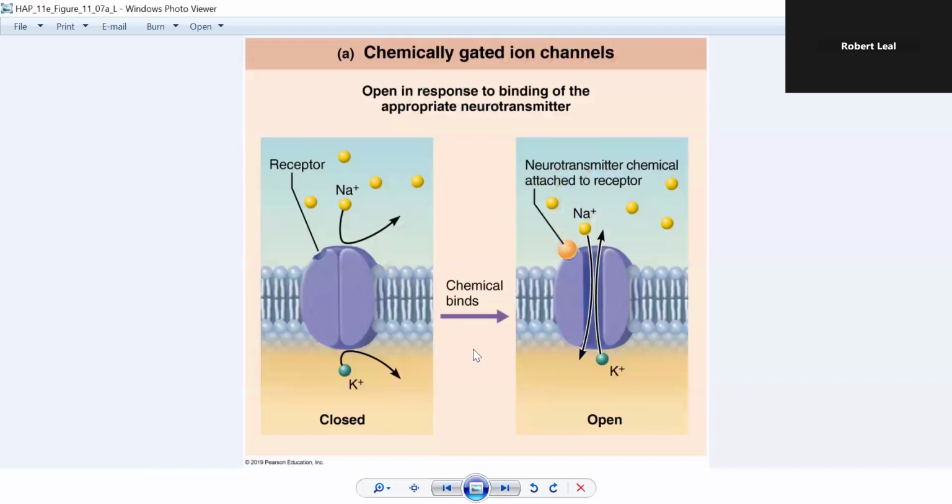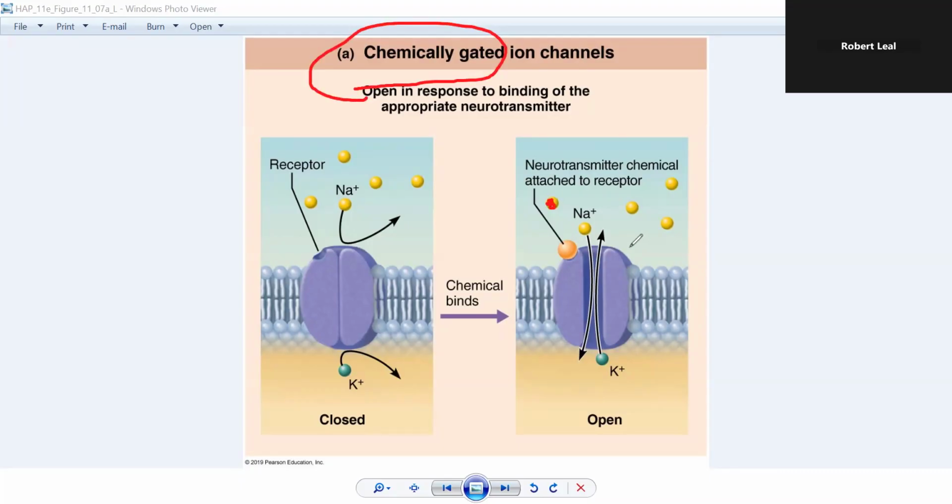Now, this is showing us channels that you would find on the dendrites or on the cell body, channels that open up in response specifically to neurotransmitters. Because a neurotransmitter is a chemical, the channel is referred to as a chemically gated channel. So here's the neurotransmitter.